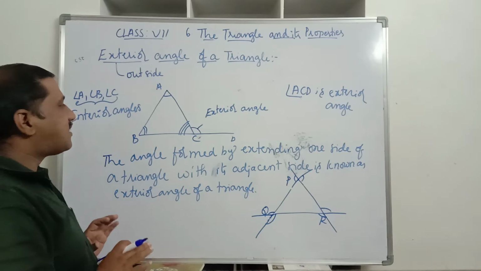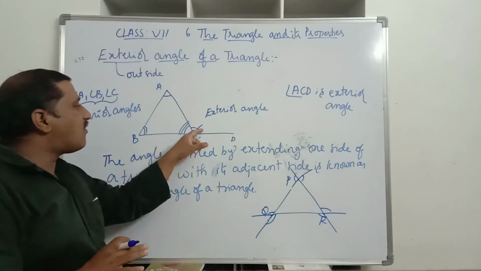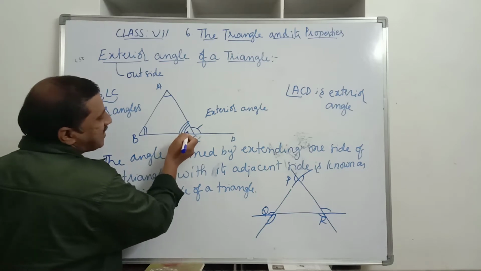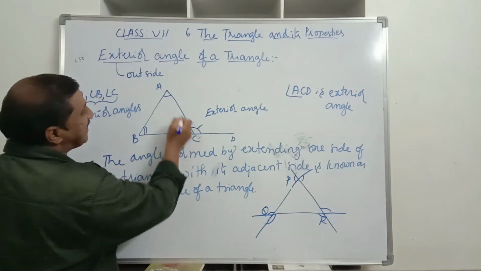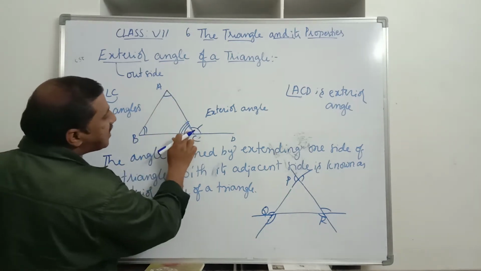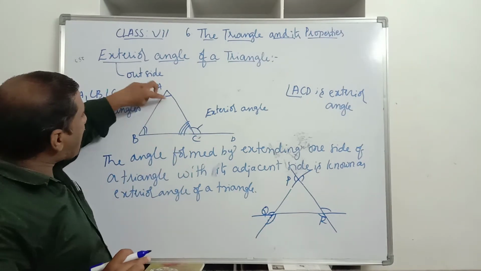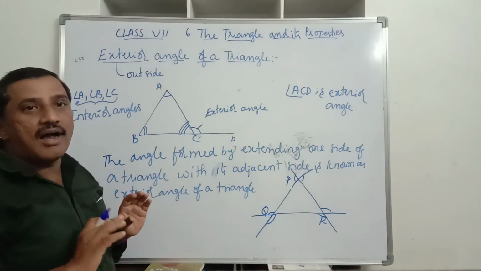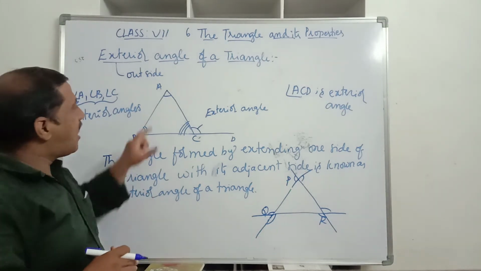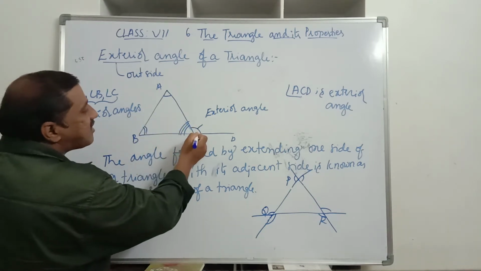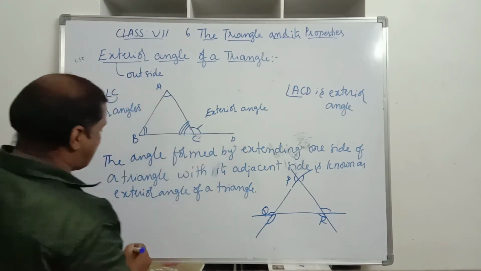Now we will discuss how this exterior angle is related to the interior angles of the triangle. Here angle C, which is interior, that is angle BCA, is adjacent to the exterior angle ACD. What about angle A and angle B? They are called interior opposite angles of the exterior angle ACD.